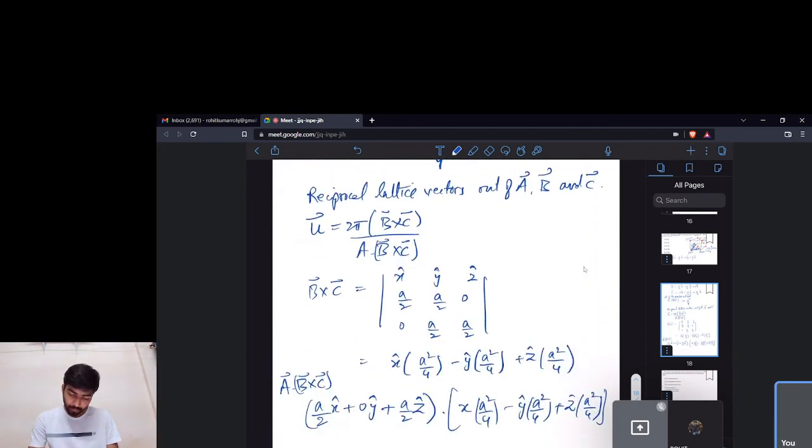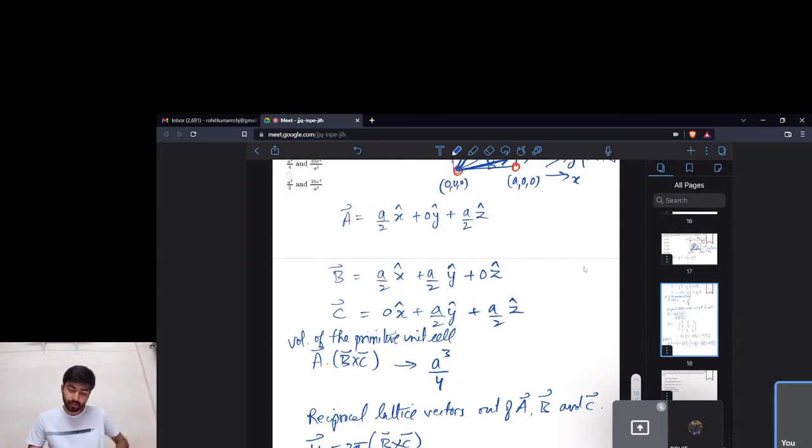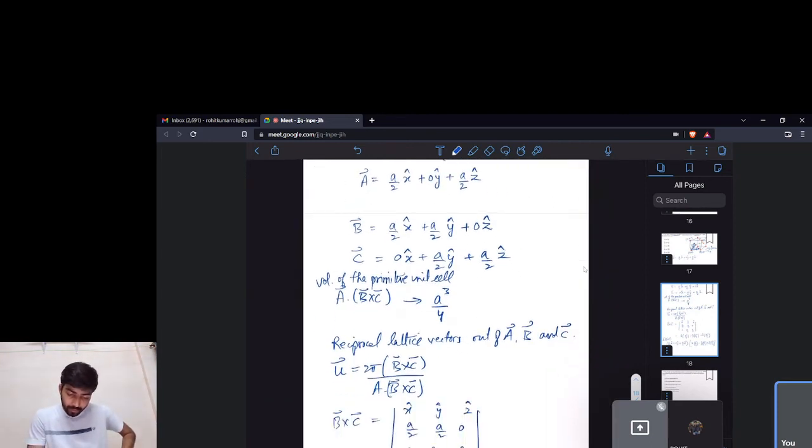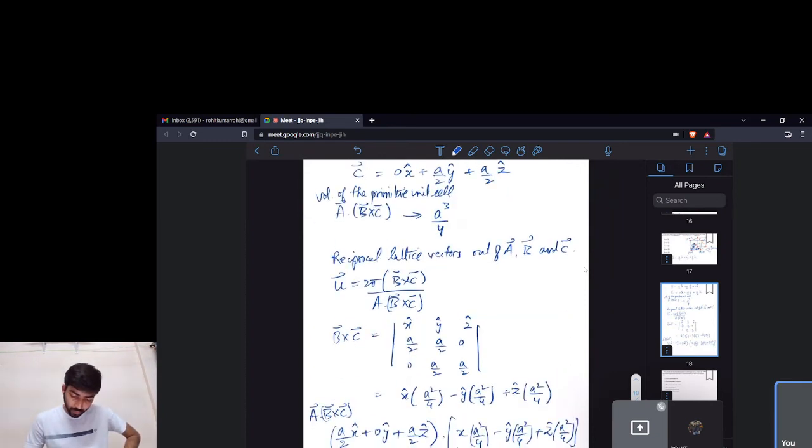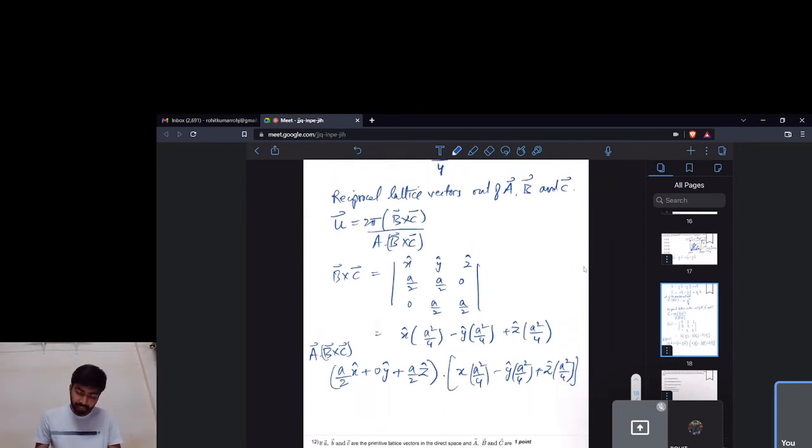Yes, let me just think a bit. Volume we have found out to be A cube by 4, that is okay. Then we constructed these vectors. B cross C we have found out to be this. Now A dot B cross C would be A cube by 4. Okay, yeah, cool. That we have done.